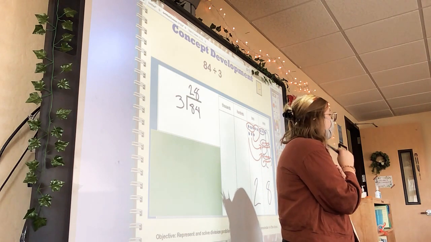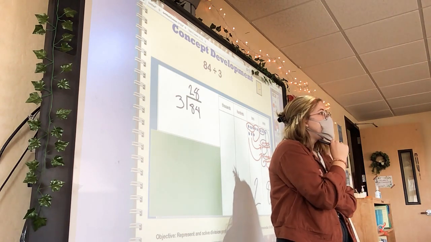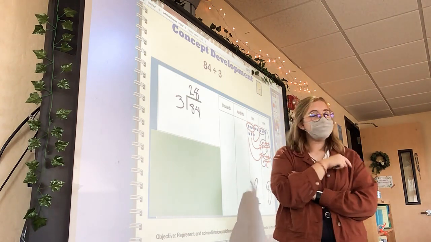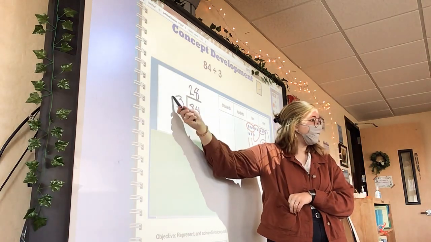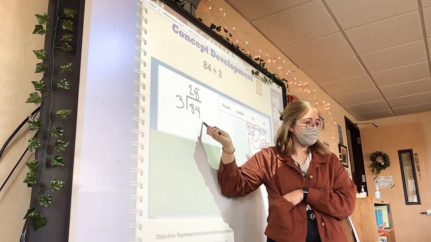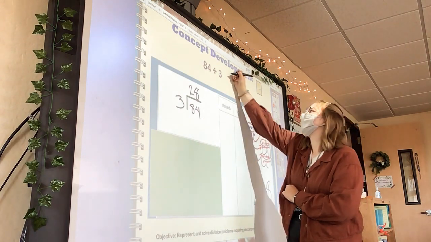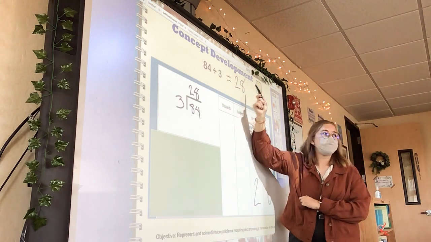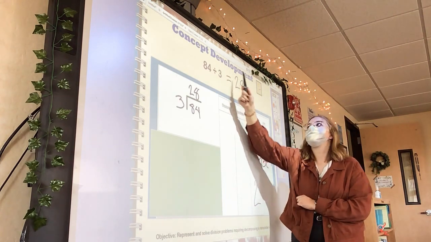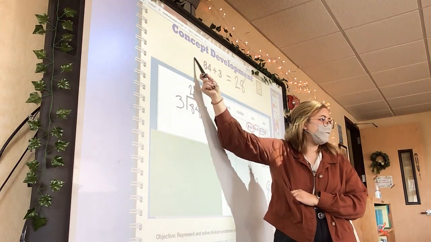Okay, when you're undoing a division problem, you're going to multiply the quotient by the divisor to get the dividend, okay?